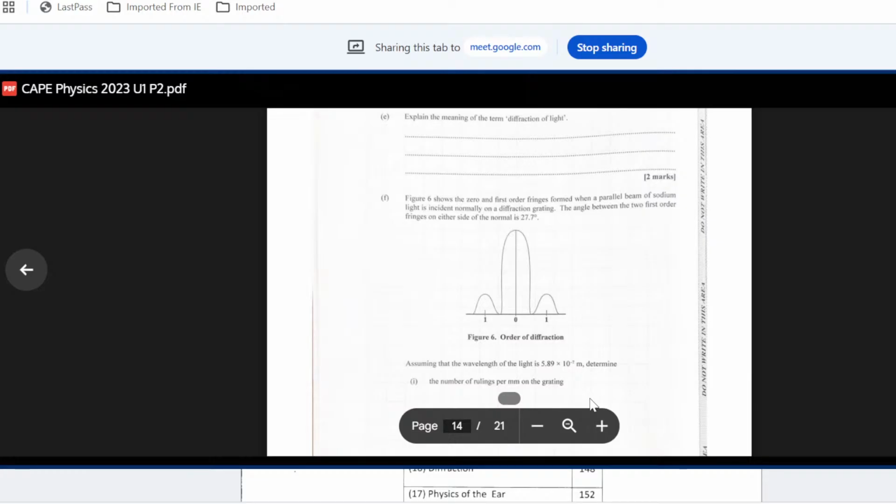To find N, you'd need to find D first. So I suggest you find D. So using that equation, we can find D. Yes, sir. d sine theta equal n lambda.